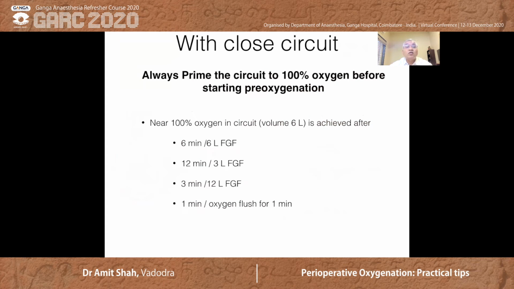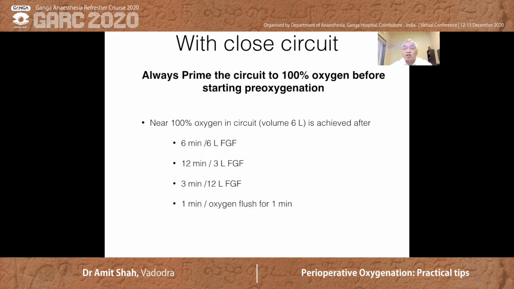So if you are using a closed circuit, to prime the closed circuit with 100% oxygen before starting pre-oxygenation, and if you assume that your circuit volume is 6 liters, you require 6 minutes with 6 liter fresh gas flow. You require 12 minutes with 3 liter fresh gas flow. You require only 3 minutes with 12 liter fresh gas flow.